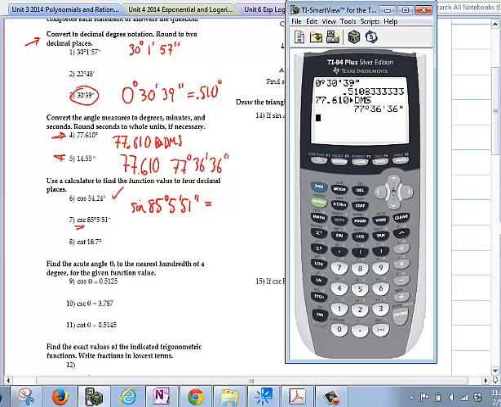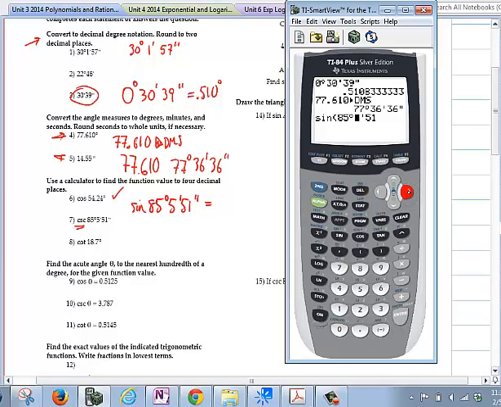So the sine is going to be sine of 85. I'm going to go to angle, degrees, 5 minutes, 51 seconds. I have to quit out of this window. I'm going to go to alpha. I have to insert the sine again.